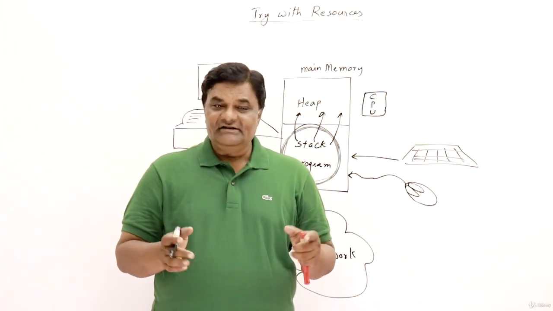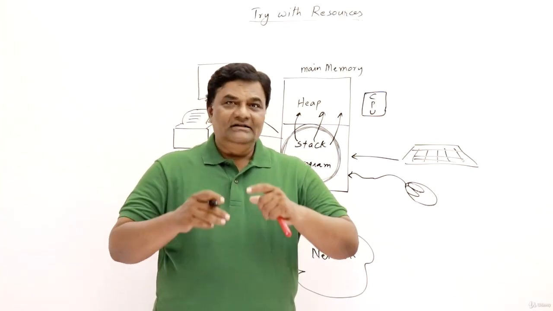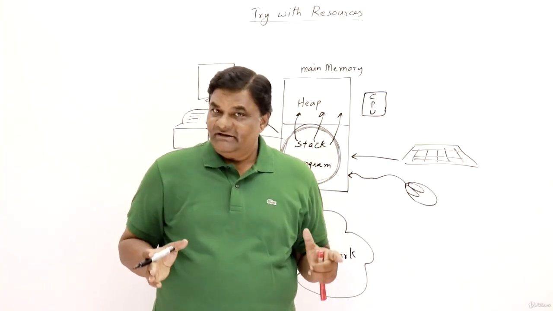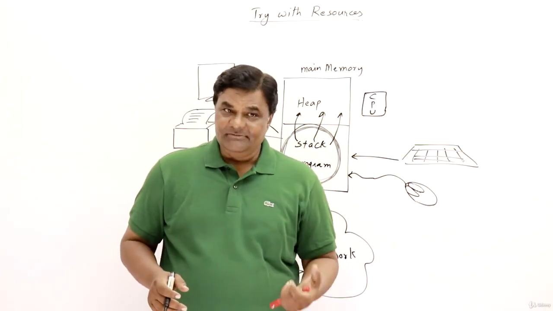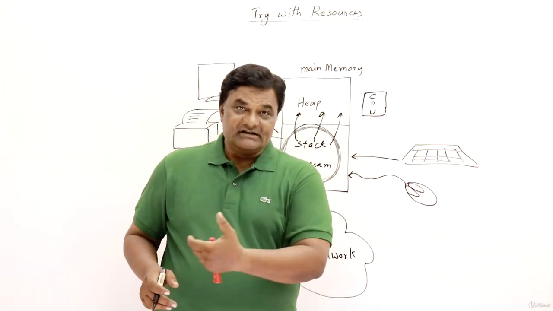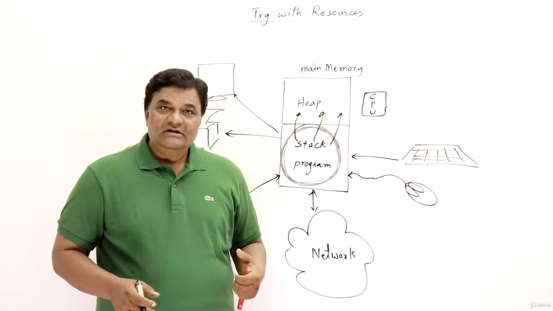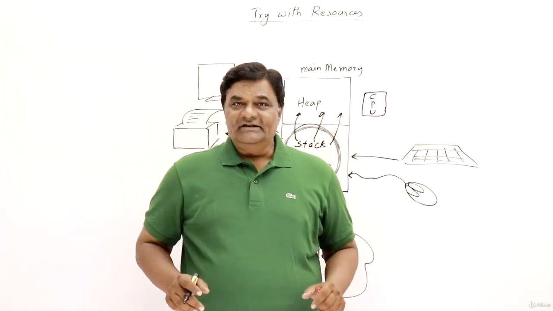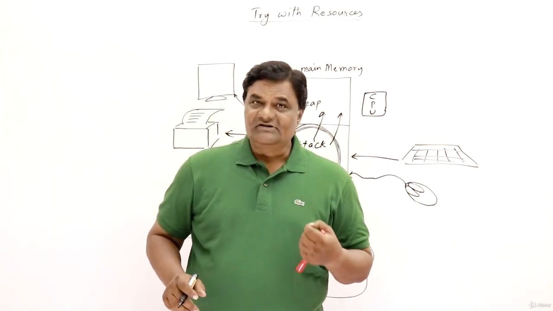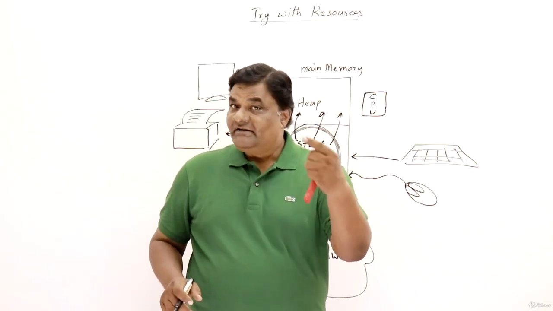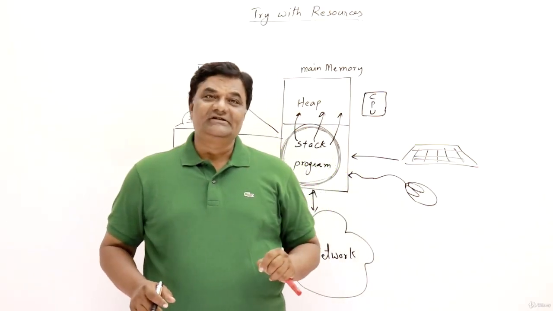Just imagine that you are in a college and a lot of resources are available in a college, like books, apparatus or equipments, devices are available. So if you are studying in a college, you can borrow a book, and you should return it when you have finished using that book.